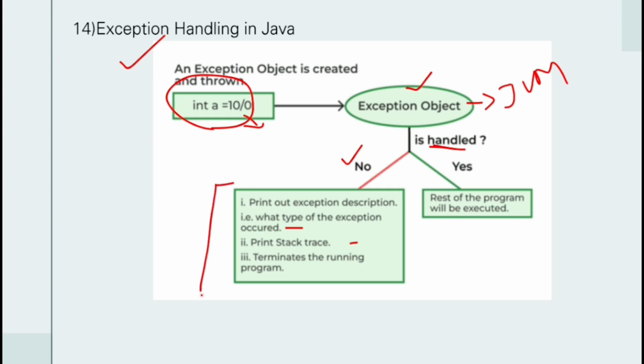This will happen. But if you are handling it, then that is well and good, the rest of the program will be executed. Means if it is not handled properly, the VM will terminate the code, but if you are handling it, the VM will execute the rest of the code. Okay, I think it is clear.